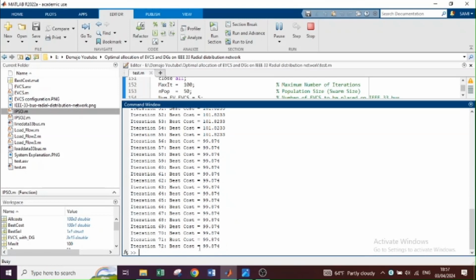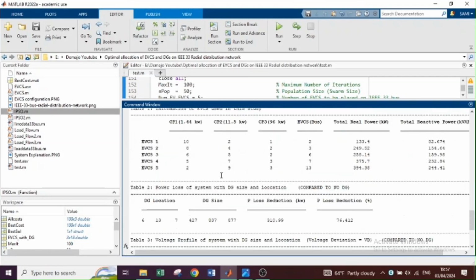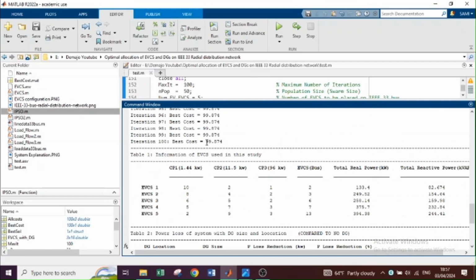As you can see right now, the best cost is again reduced drastically from 137, when there was a constant size for the DG. Once again, you can see the best cost is 99.87. So that is actually an improvement compared to test 3, where we had a constant size for DGs.